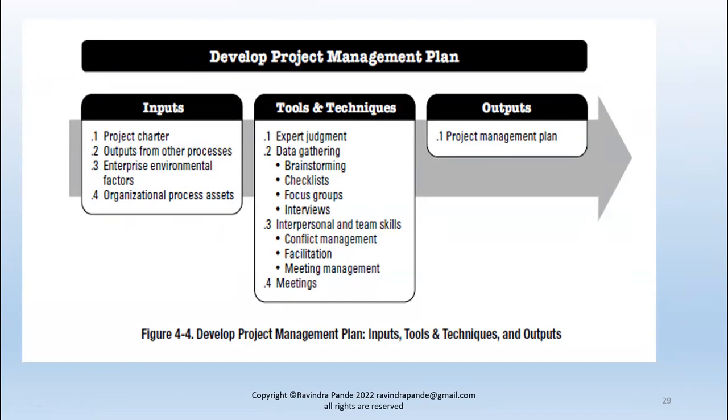I might get a change, I might update my policies and procedures to make sure I adopt the best possible efficient practices whenever I try to update my project management plan. The process name is develop project management plan because the first time we develop it and then we keep updating it for every project review.